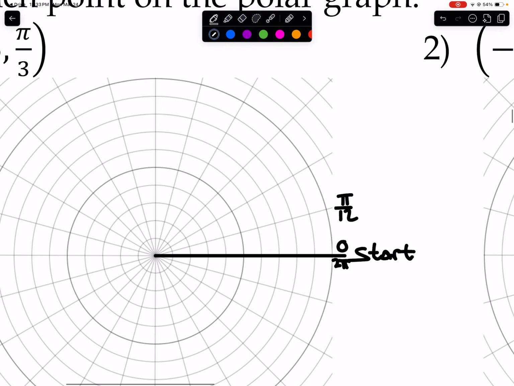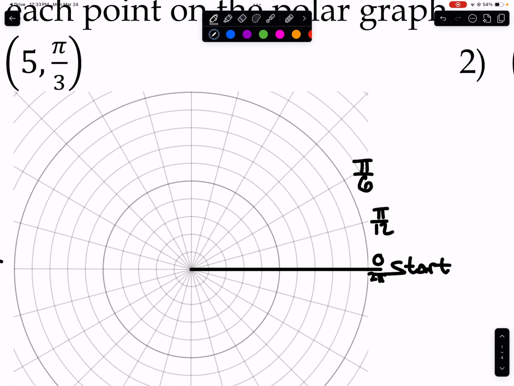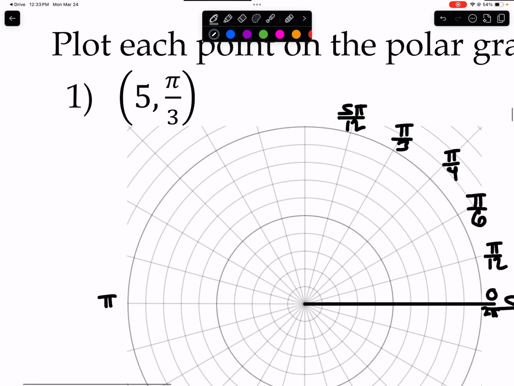The next one would be 2 pi over 12, which is pi over 6. The next spoke is 3 pi over 12, which is pi over 4. Then we have pi over 3, then 5 pi over 12, and then 6 pi over 12, which is equivalent to pi over 2.